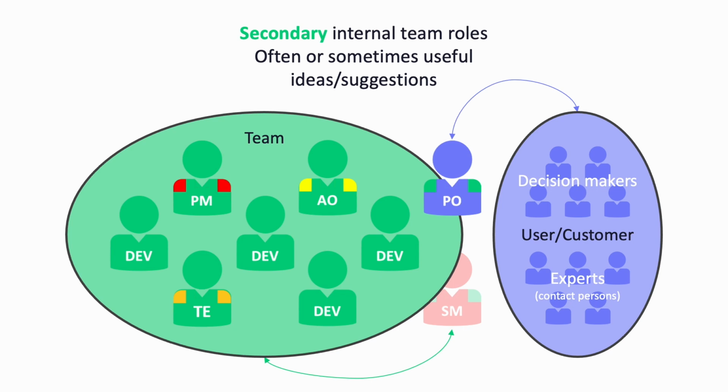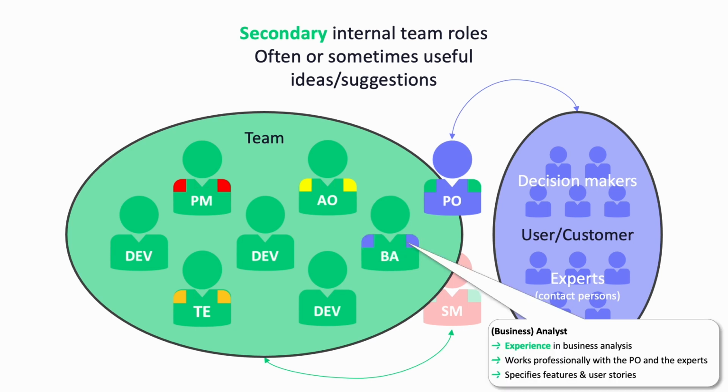On the one hand, there is the role of the business analyst, or BA for short. This is very often useful simply because someone with experience and knowledge of methods in this area is needed in the team. A BA works professionally with both the PO and the experts on the side of the user or customer, and knows, for example, how to describe business processes or specify features or user stories well.